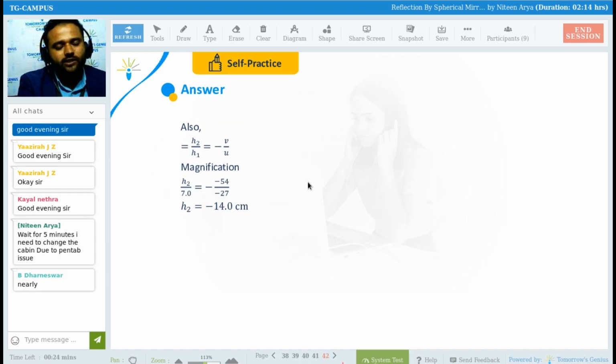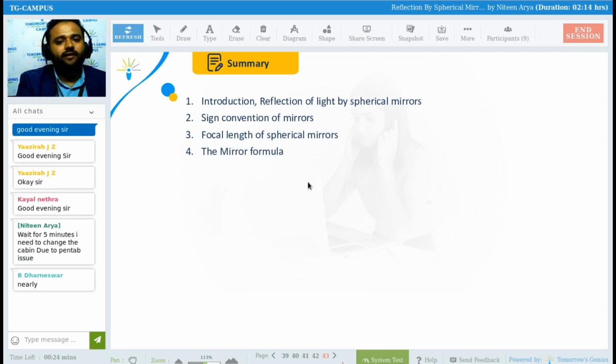So U is minus 27, H2 upon H1, which is I upon O. H1 is given, the object size or object height. So H2 is 14 centimeter. Nothing more than that you need to do. And in this way, we can finish this introduction of reflection of light by spherical mirror, sign convention of mirror, focal length of spherical mirror, and the mirror formula.